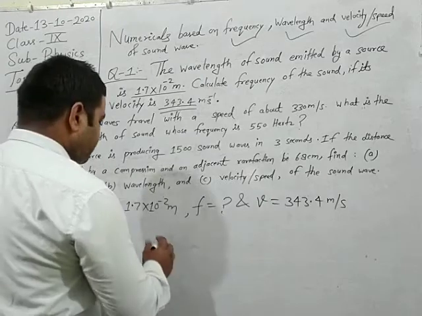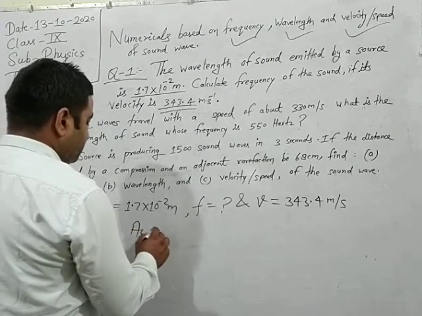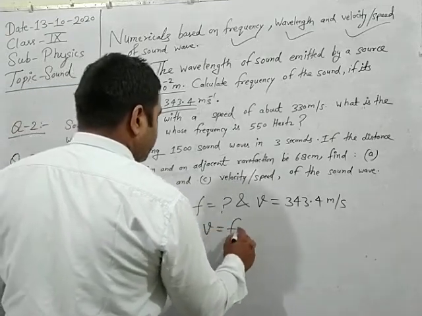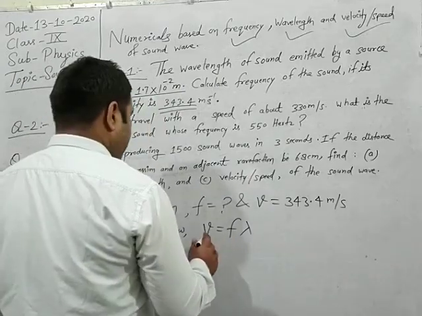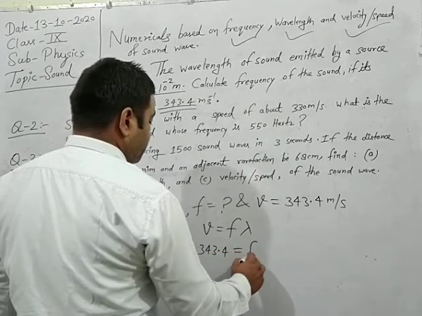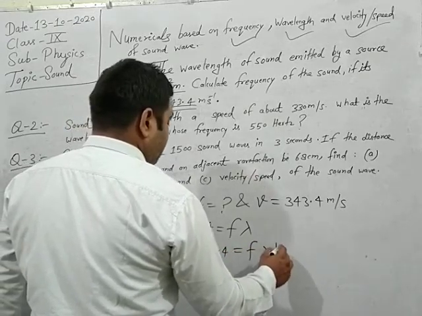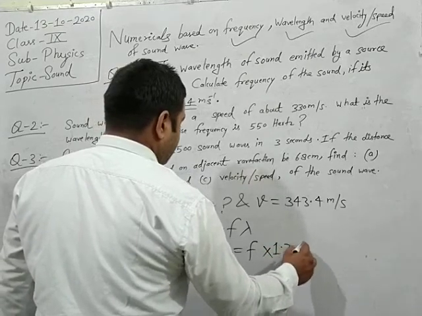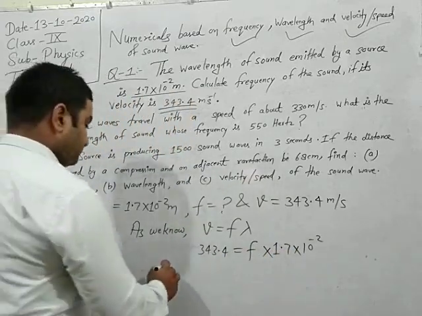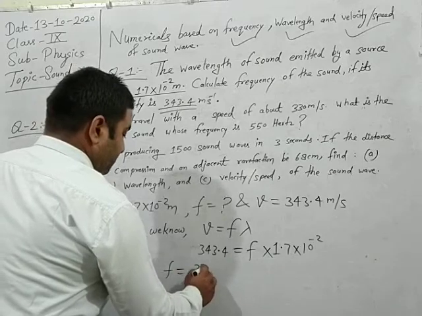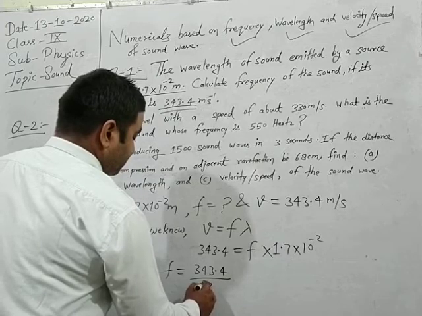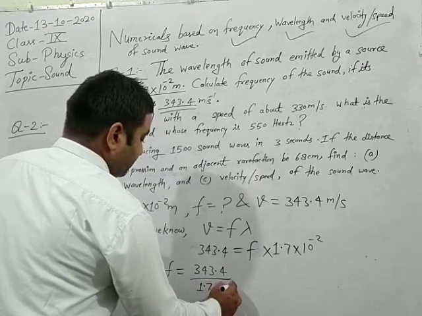Just see, as we know, v is equal to f lambda. The value of v, that is 343.4, is equal to f into lambda, means 1.7 into 10 power minus 2. Then f is equal to 343.4 upon 1.7 into 10 power minus 2.